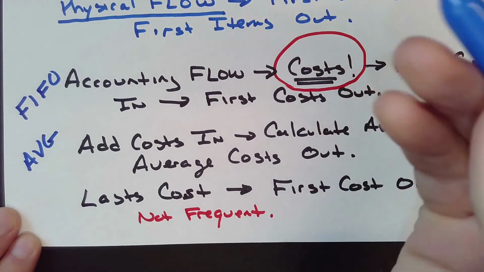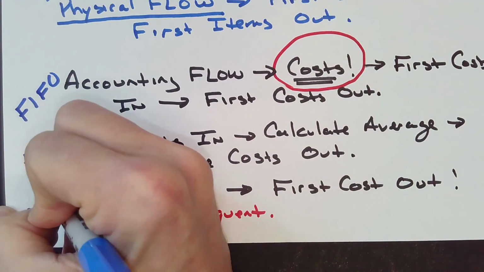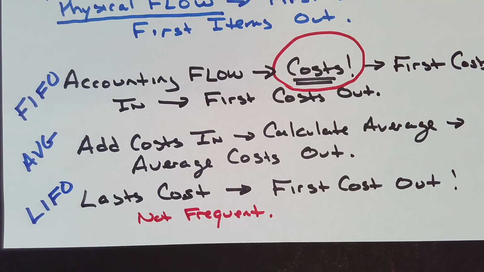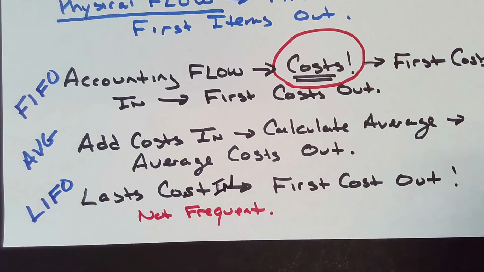And this one is referred to as LIFO. Remember, last costs in are the first costs out. This one's not frequent. Not frequent at all.